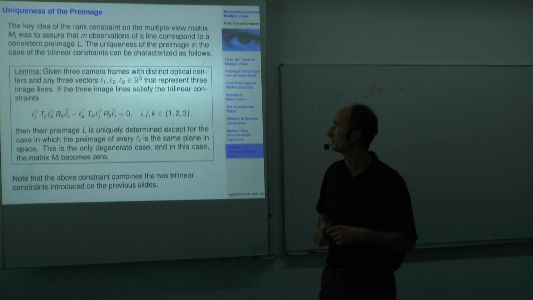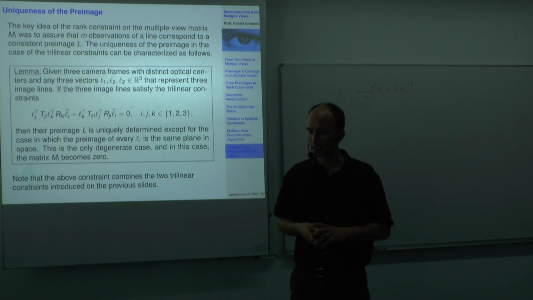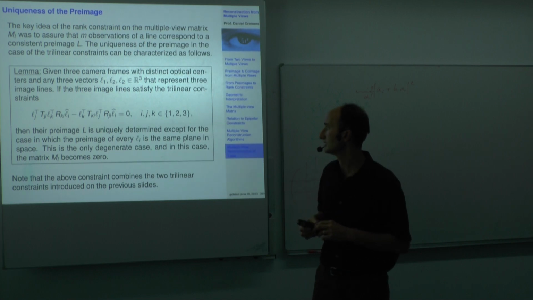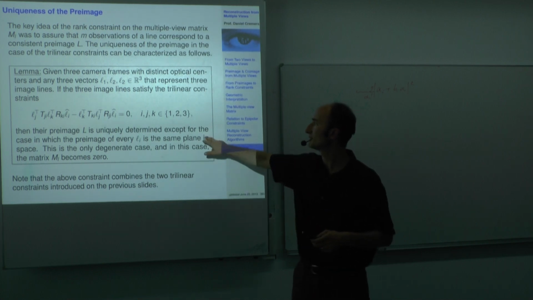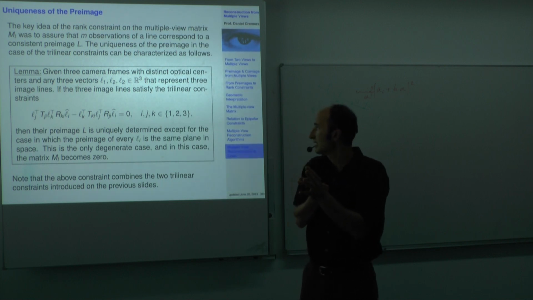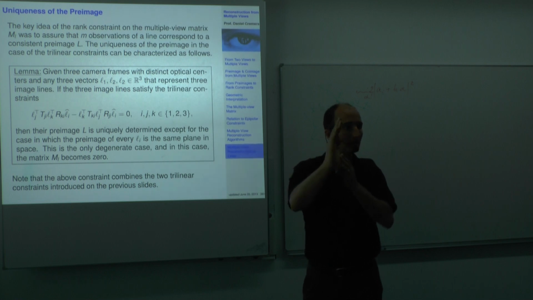And if they are fulfilled, then you have a unique pre-image, except for the case in which the pre-image of every Li is the same plane in space, and that happens if the translation is inside the pre-image, right? So if I observe a line from one image, it defines a pre-image.